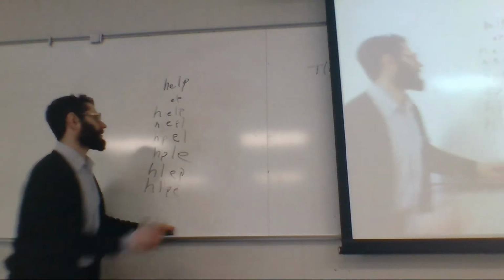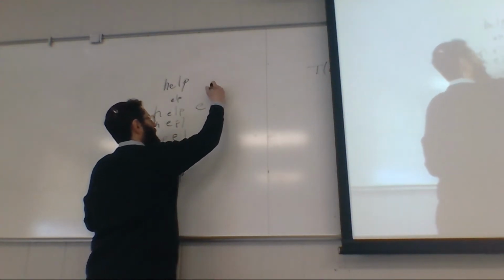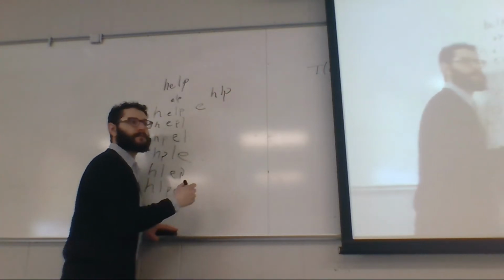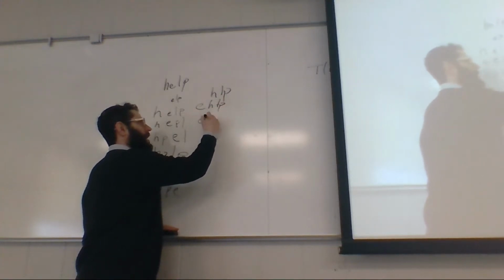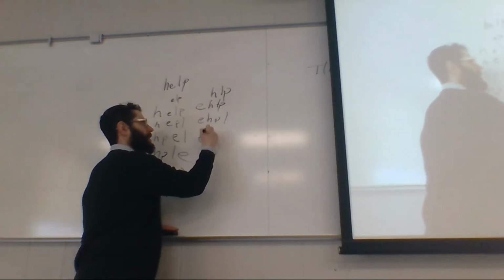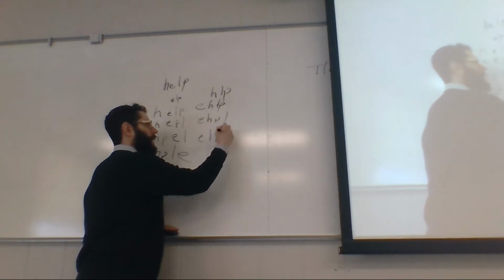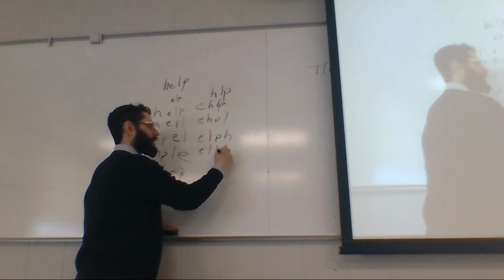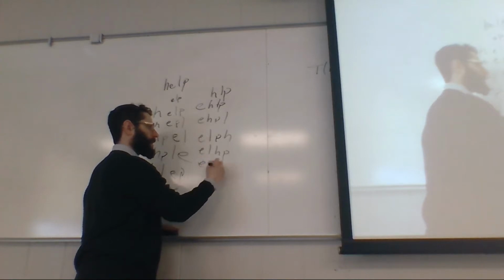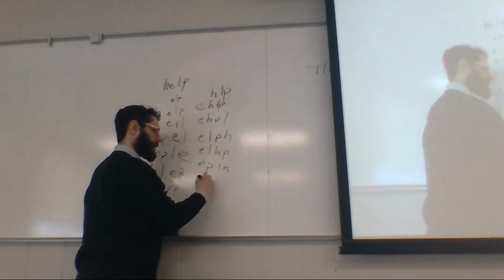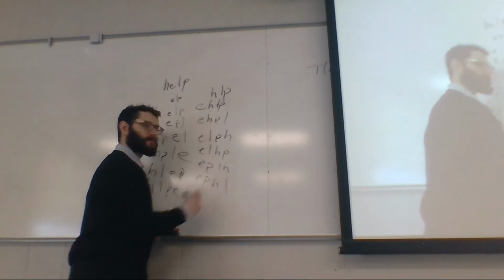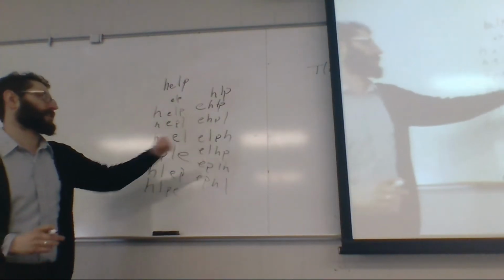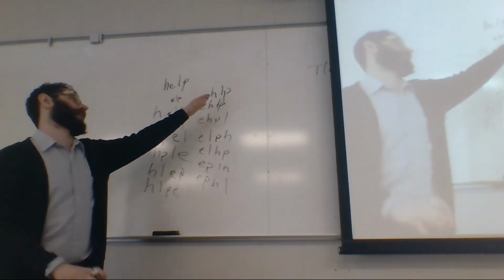Now that I figured out all the ones with H, I can start with E, and the remaining letters are E, L, P. So H, E, L, P, H, E, P, L, H, L, E, P, H, L, P, E, H, P, E, L, H, P, L, E. Then I'd move on to all the letters that start with L.